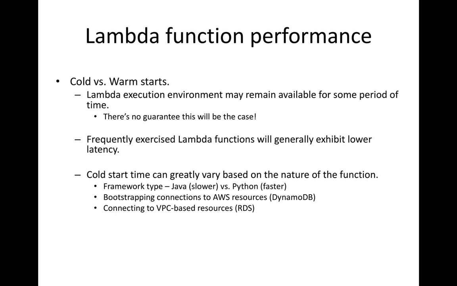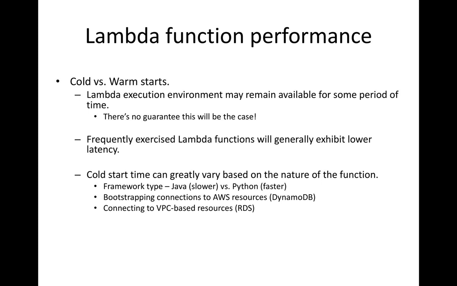If the Lambda function is connecting to other AWS resources, like say DynamoDB, then there's a certain amount of time that's required to set up that connection to the database service. So that can impact the cold start time for a Lambda function.